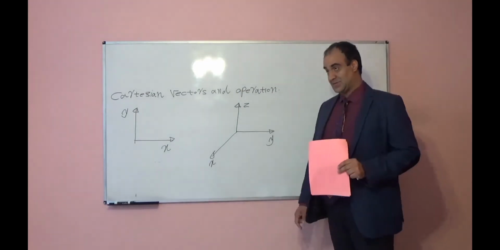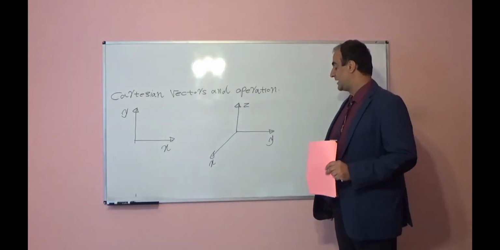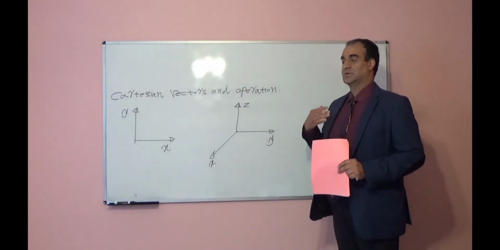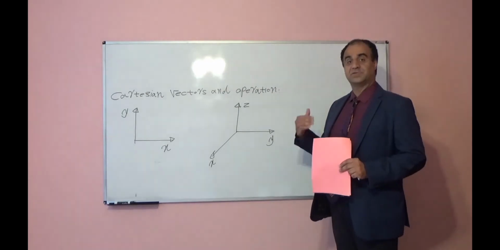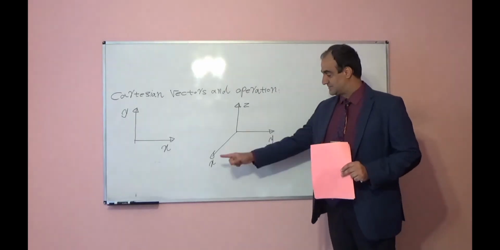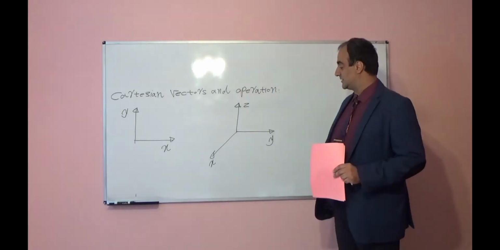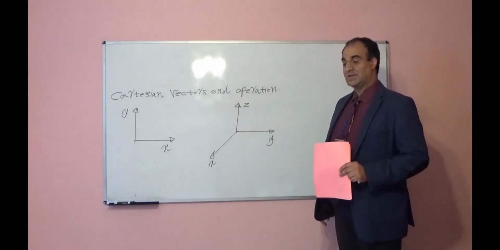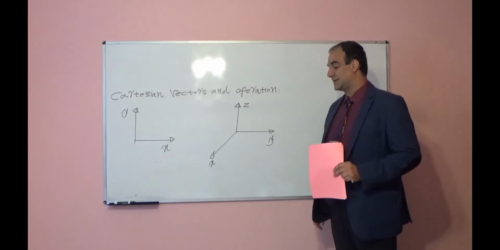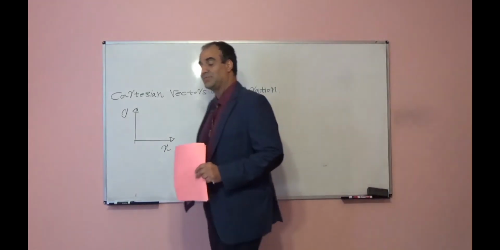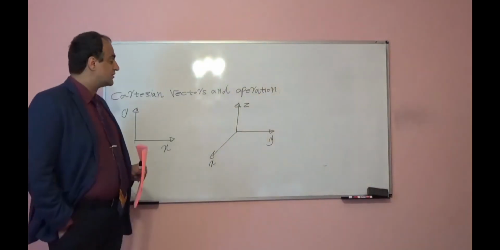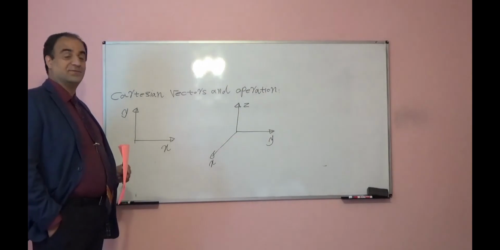In 3 dimensions, real life problems, we are living in 3 dimensions because we have x, y, and the z direction. So let's see if we have a vector in 2 dimensions and 3 dimensions, how we can decompose the vector and what the vector operations are.